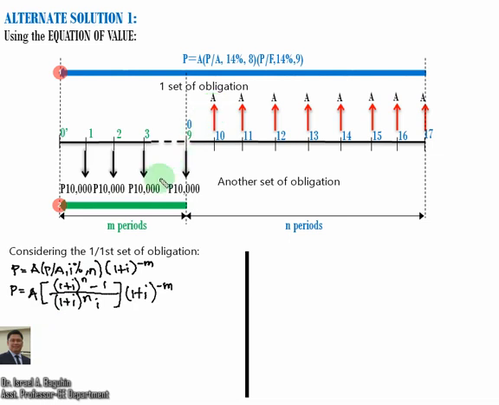And this N is just referring to the N periods here. So we have periods of 1, 2, 3, 4, 5, 6, 7, 8.